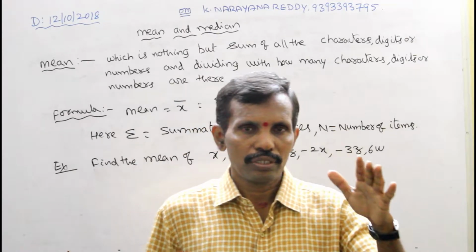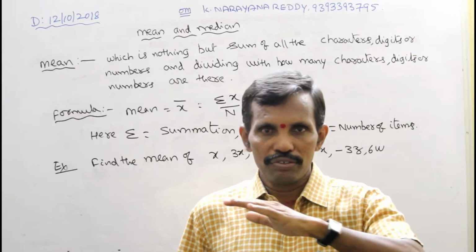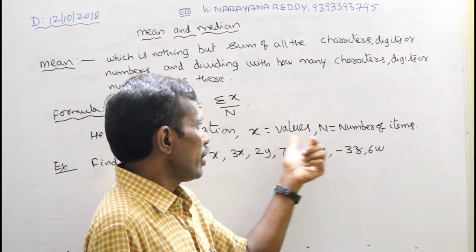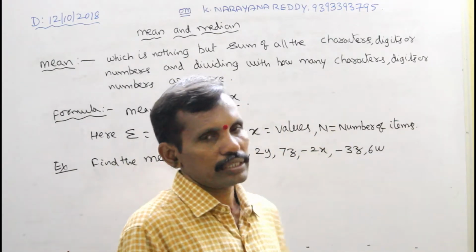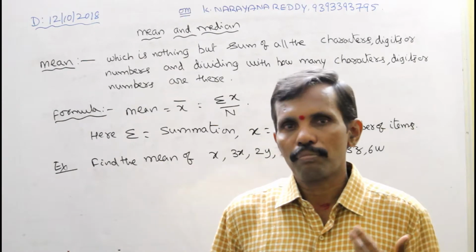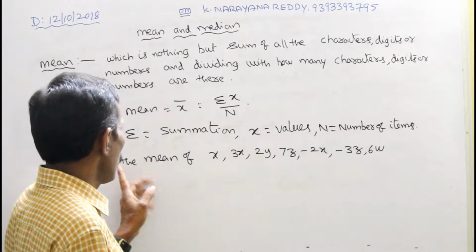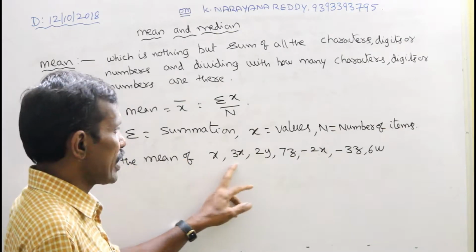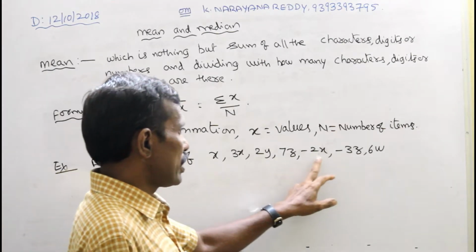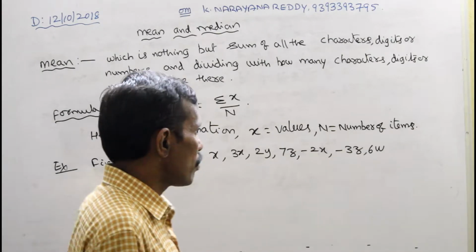Those are called data values. N is the number of items, suppose 7 items. So for example, find the mean of x, 3x, 2y, 7z, minus 2x, minus 3z, plus 6w.